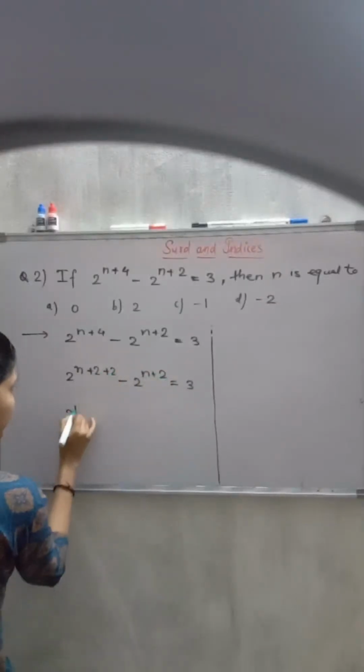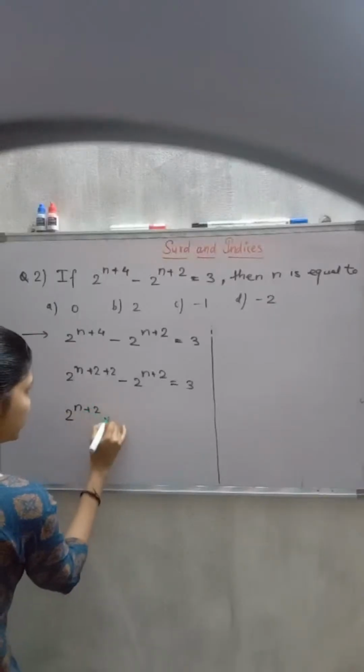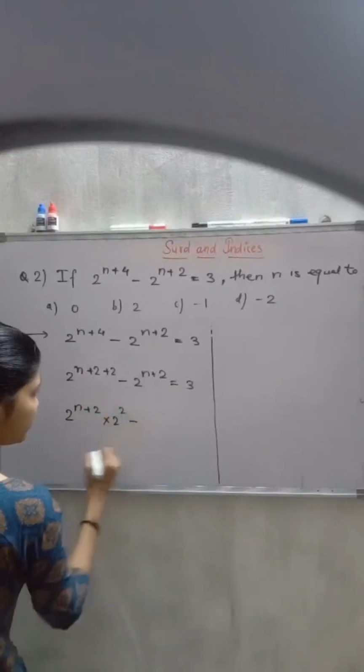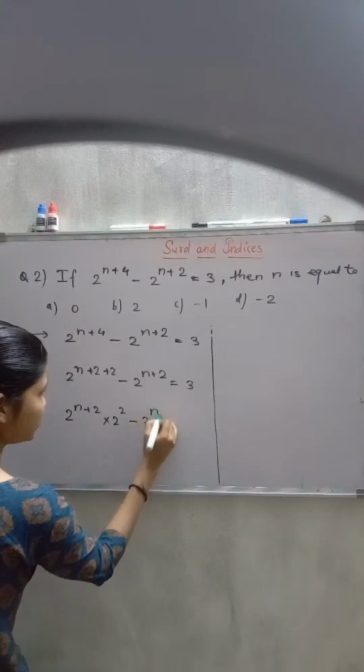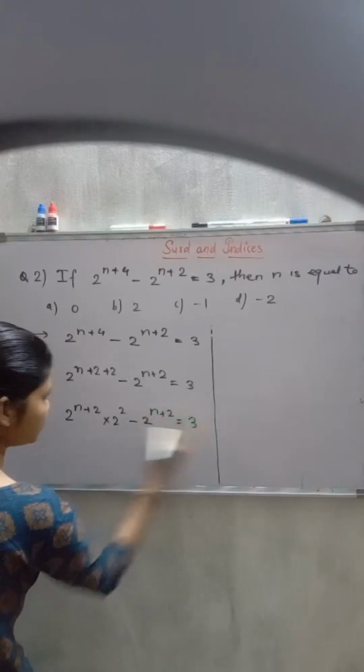Now we can take n plus 2 into 2 square minus 2 raised to n plus 2 equal to 3.